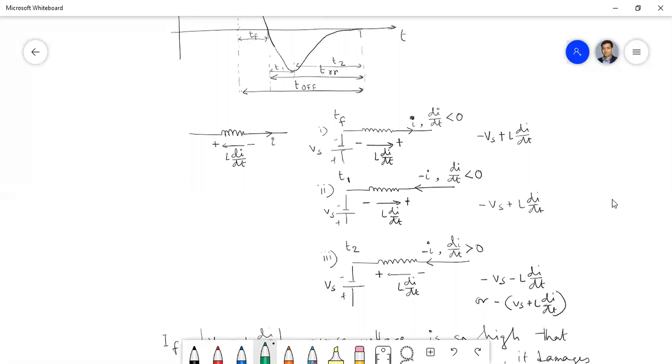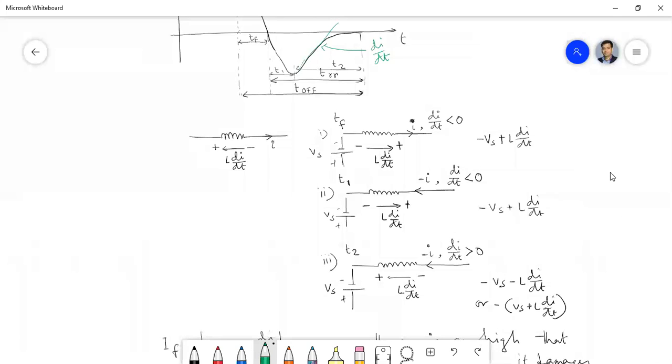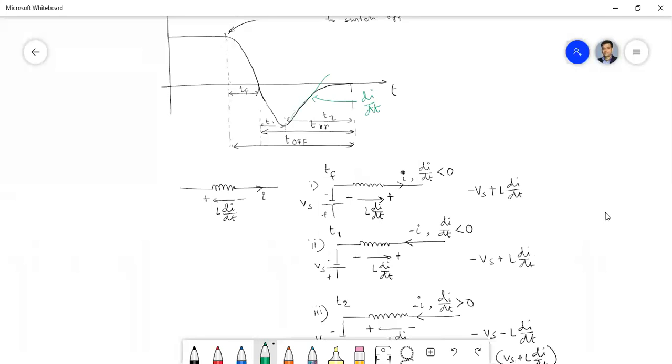The main thing is the slope. Now, who is dictating this slope? This slope depends on the device itself.